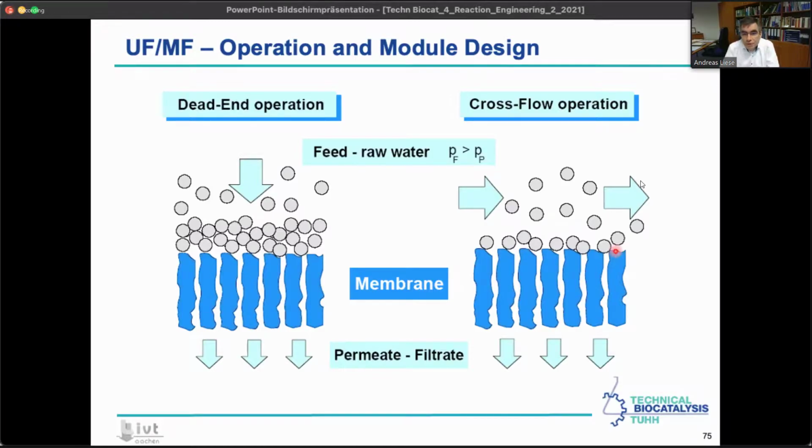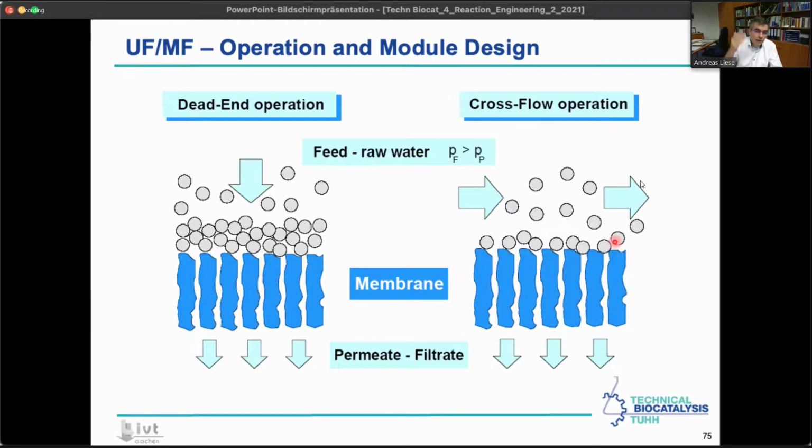The difference is, because of this cross-flow operation, we do not form such a cake layer like what you see on the left side with dead-end filtration, and the biofouling is less, because with the liquid flux we have shear forces on the surface maintaining the cake layer formation low.